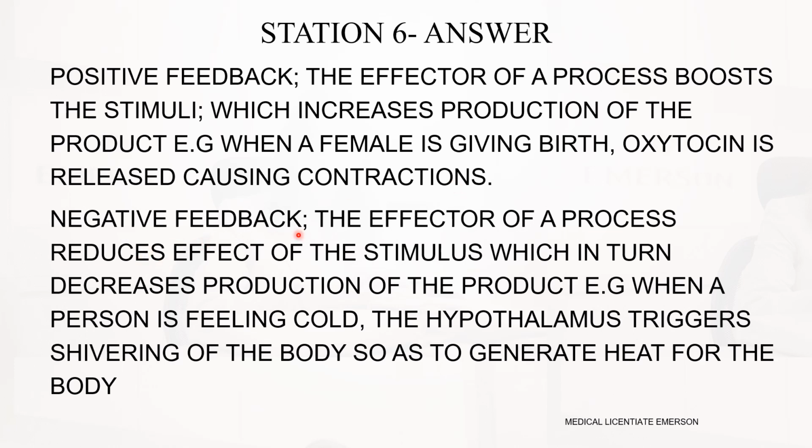In negative feedback, the effector of a process reduces the effects of the stimulus, which in turn decreases production of the product. For instance, when a person is feeling cold, the hypothalamus triggers shivering of the body so as to generate heat for the body. So that's what happens during positive and negative feedback, with examples.